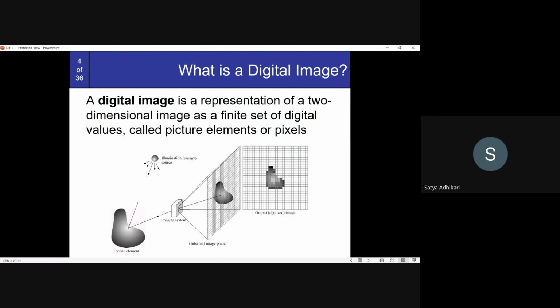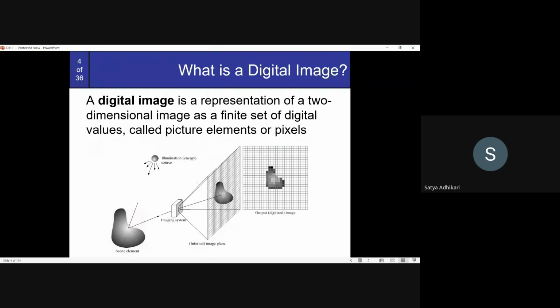When we represent an image on a computer screen, it has two-dimensional values: a finite set of digital values, and the picture element or pixel. So it is a representation of a two-dimensional image.